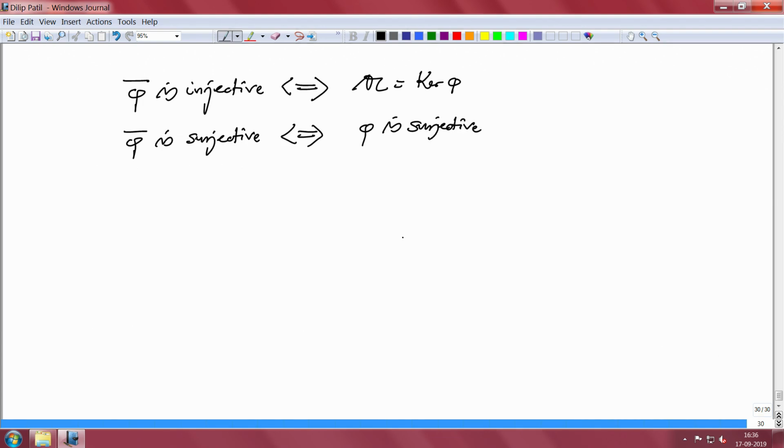This is again obvious, you check these equivalences, and then therefore I can state the corollary.